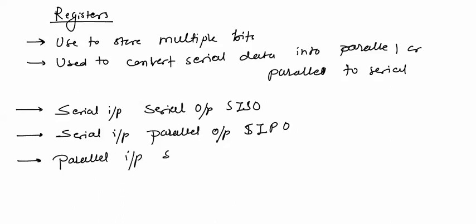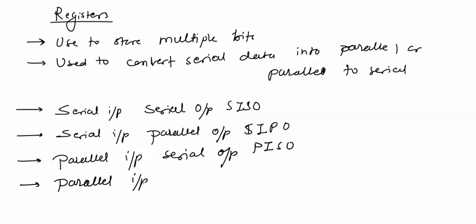Parallel input, serial output, that is PISO. And last one is parallel input, parallel output, PIPO.